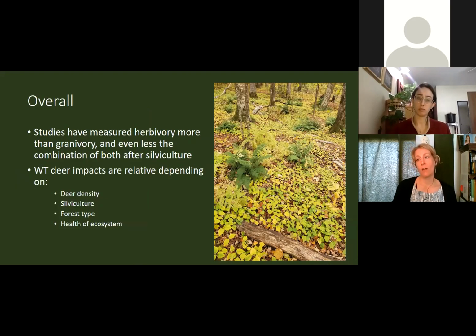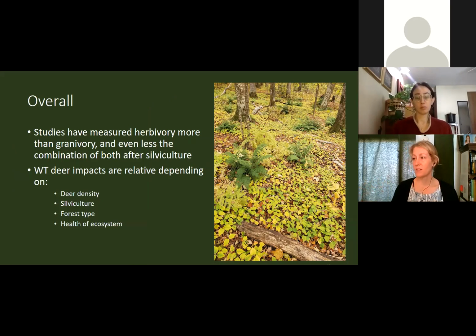So then overall studies have measured herbivory more than granivory, with white-tailed deer being measured the most. But there's not one number of deer density or silviculture or forest type that really indicates a one prescription for the forest.